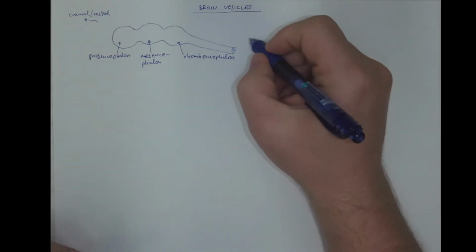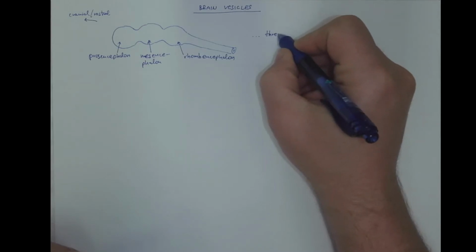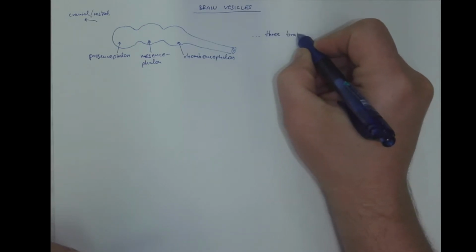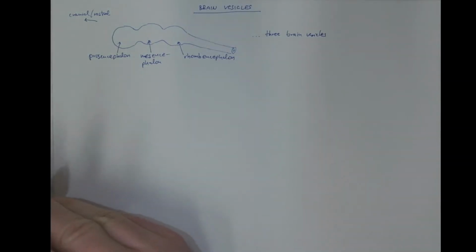This is the stage of the 3 brain vesicles. However, more vesicles will be formed.